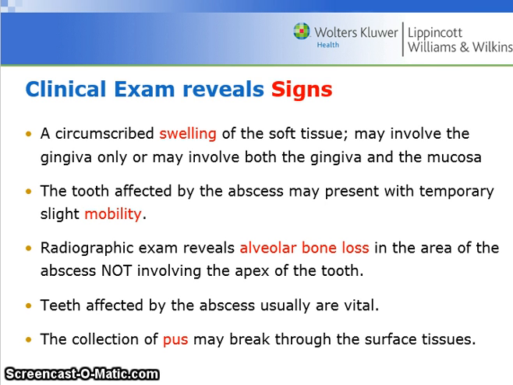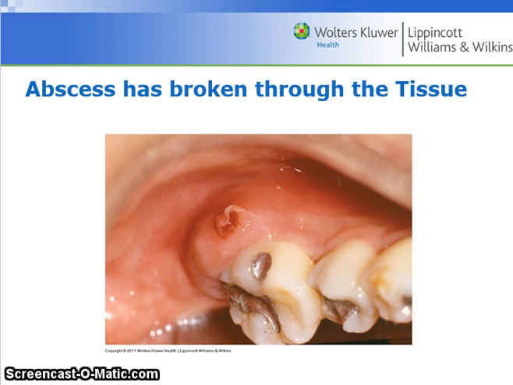Radiographic exam will reveal alveolar bone loss in the area of the abscess not involving the apex of the tooth. Teeth affected by the abscess will be vital. The collection of pus may break through the surface tissues. Here is an image of an abscess that has broken through the tissue.